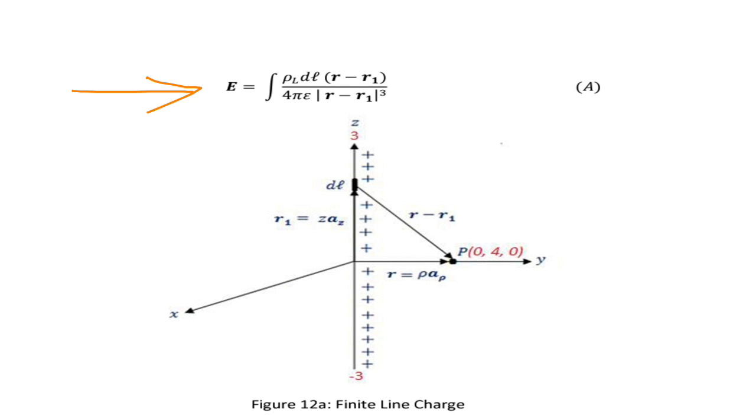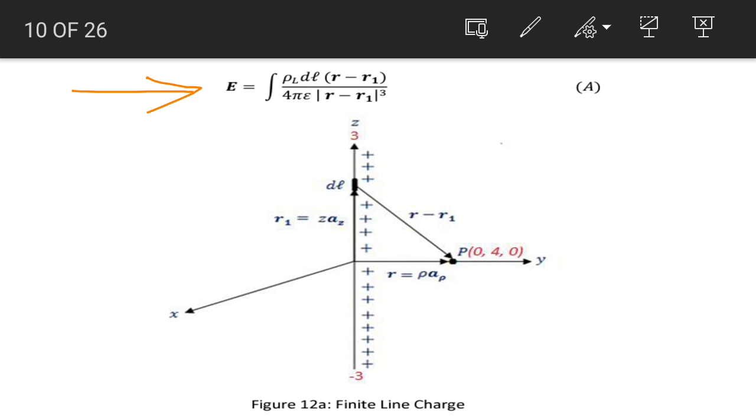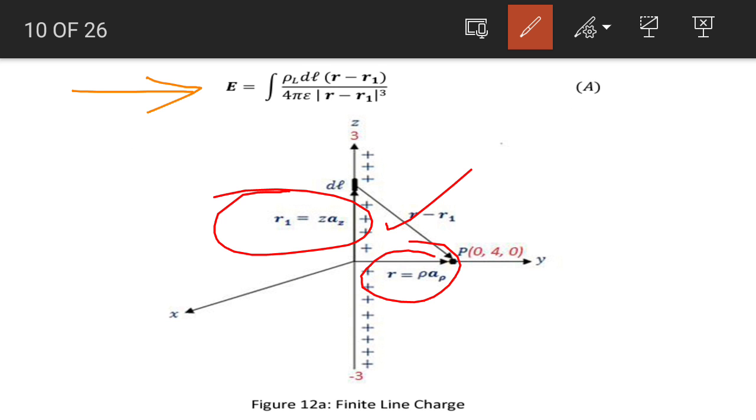Let us go back to this diagram. We consider this particular right angle triangle. We assume that z is the perpendicular of this triangle and rho is the base of this triangle.